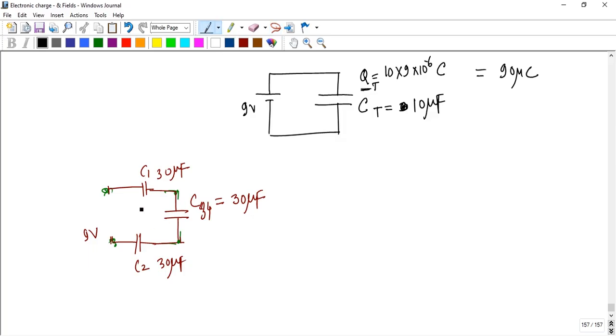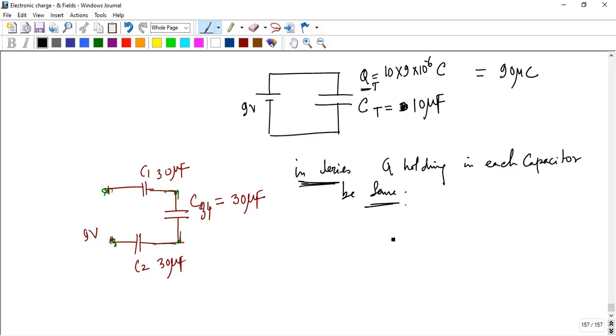In the series connection, we know that the charge held in each capacitor is the same.